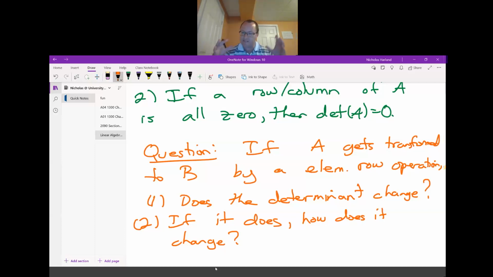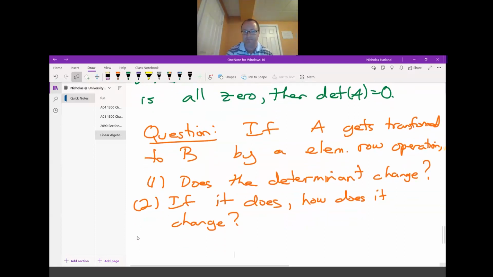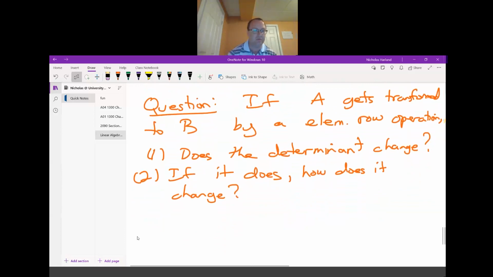So as long as we know exactly how the determinant changes, that's the next best thing to it just not changing at all. So there's 3 row operations we want to take advantage of, and that's what we're going to be looking at.